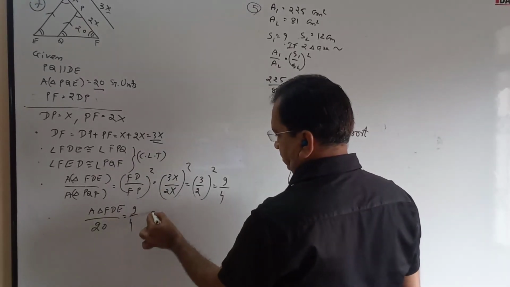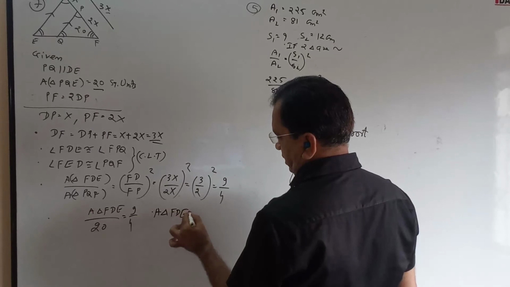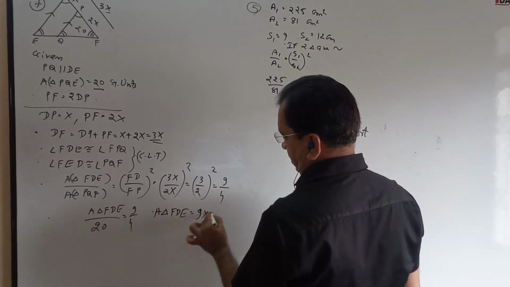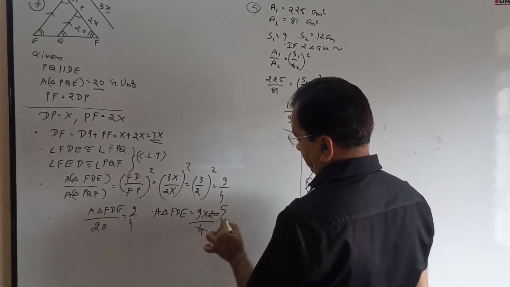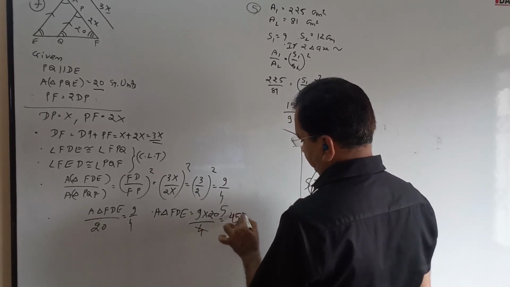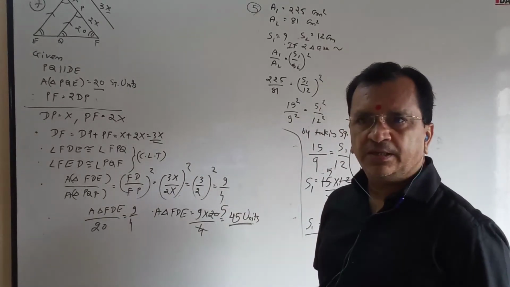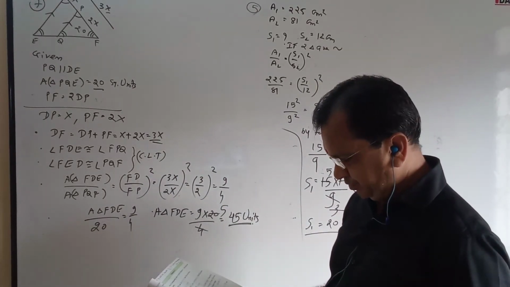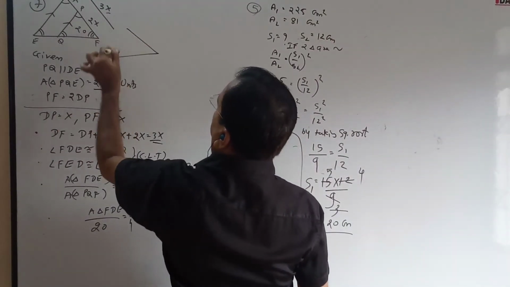Now cross product. Therefore area of triangle FDE is equal to 9 into 20 divided by 4. 4 5s are 20, 9 5s are 45.